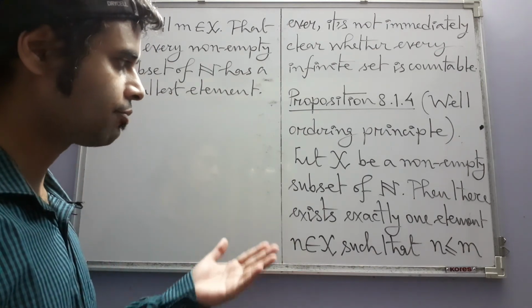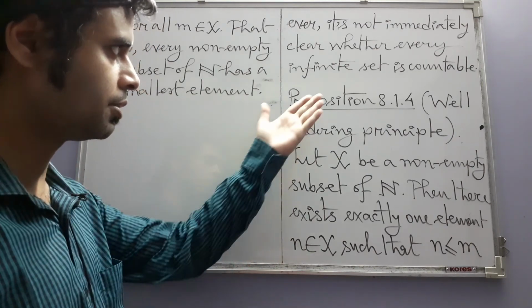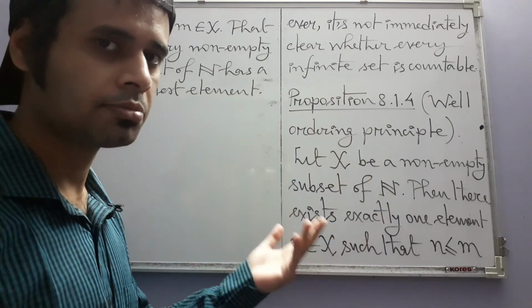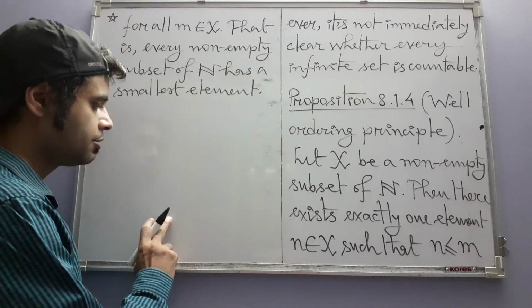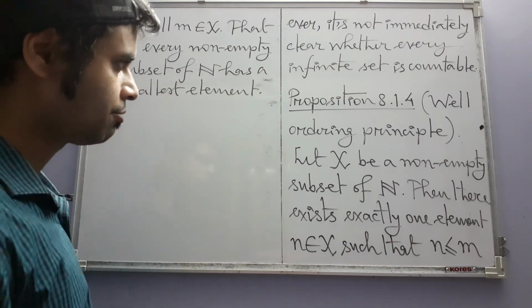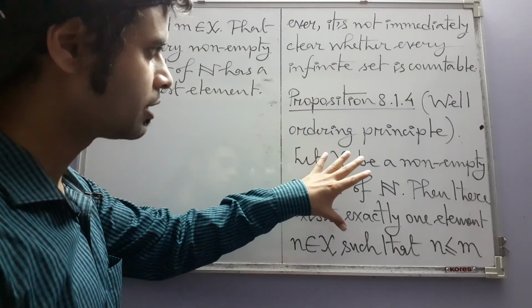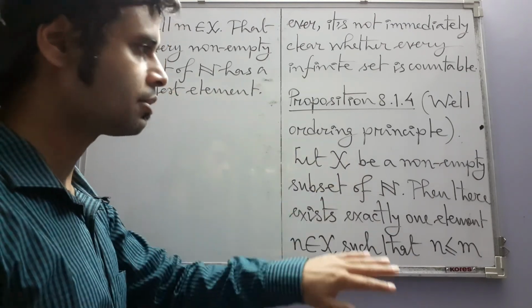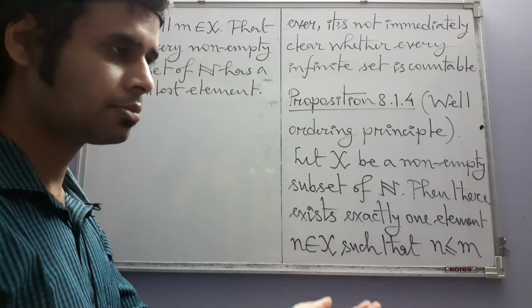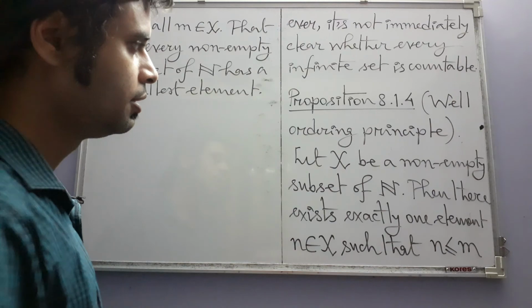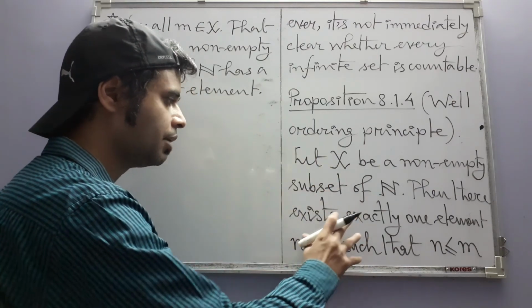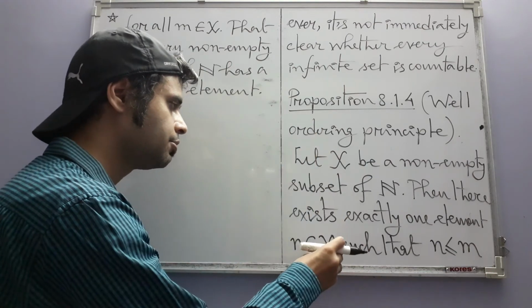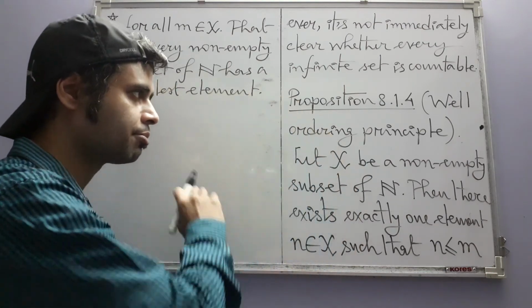But there is another fact about the relationship between the well-ordering principle and the principle of mathematical induction that perhaps I should say. It's not just that the well-ordering principle is a consequence of the principle of mathematical induction, but the converse is also true. If you assume the well-ordering principle to be given and true, then from this you can also prove the principle of mathematical induction.